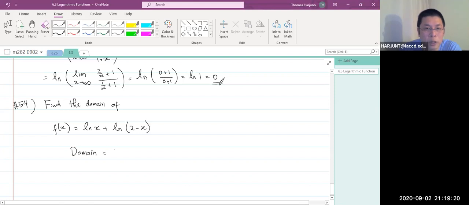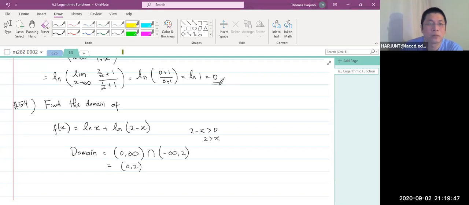So the first one has to be greater than 0, intersect with 2 minus x has to be positive, which implies x has to be less than 2. Therefore, the domain is 0 to 2 only. You cannot plug in anything outside of this. Okay.